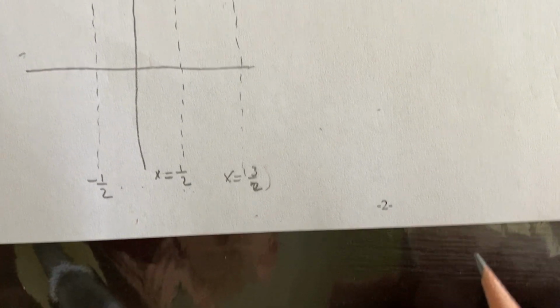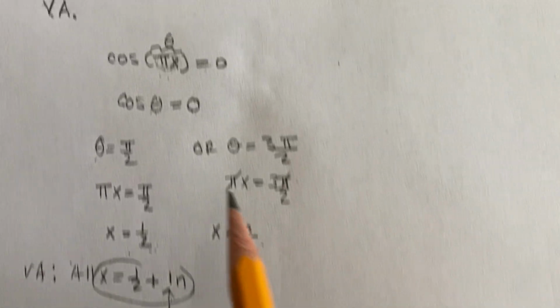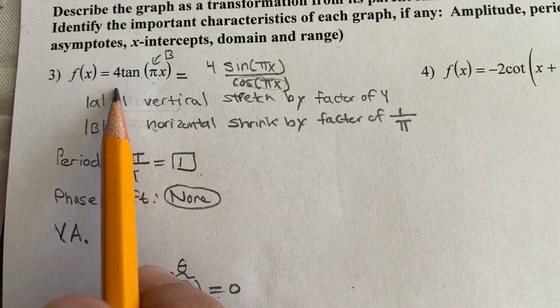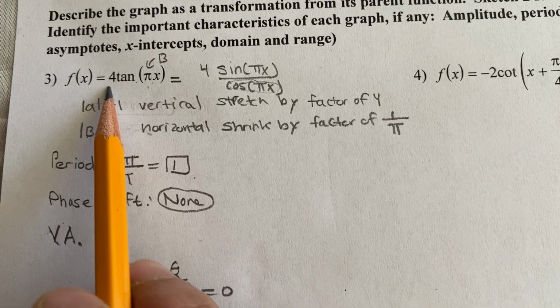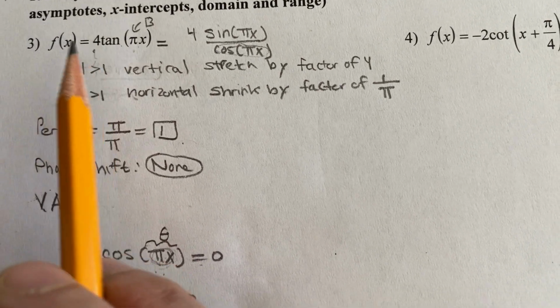And because this is called the fake amplitude for your tangent function, which is 4, why don't you label your y-axis as -4 and +4?